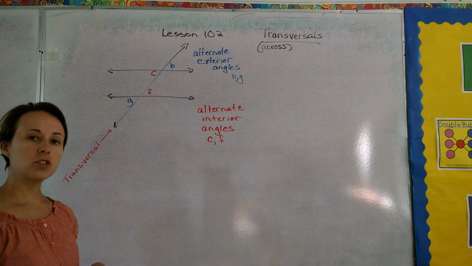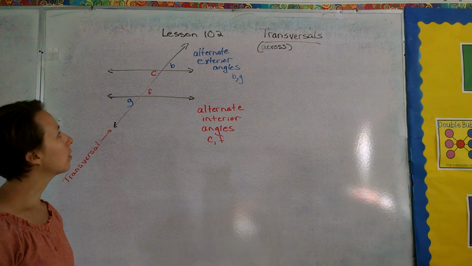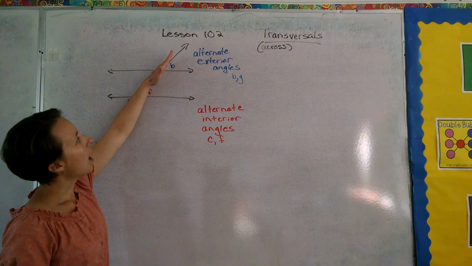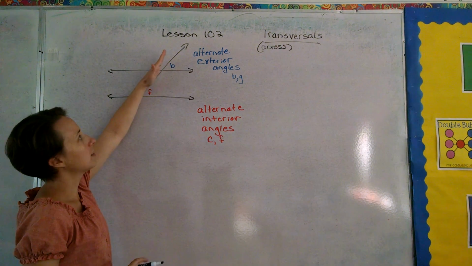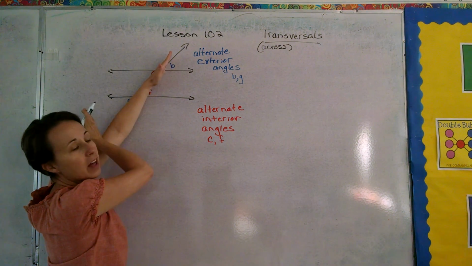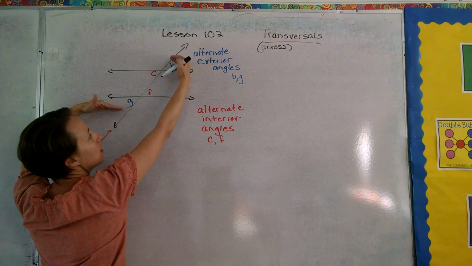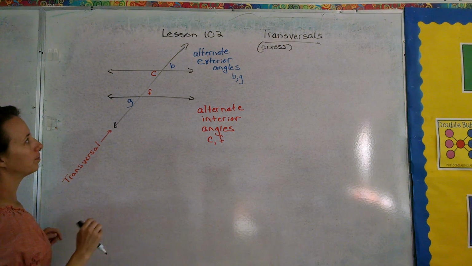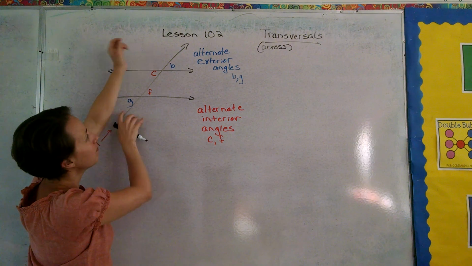Some of the angles in transversals have special names. Let's look at those before we go any further. When we look at the transversal, angles that are on opposite sides are called alternate. So if there's one angle on this side of the line and one angle on that side of the line, they would be alternate. If they're on the exterior of the parallel lines, they're called alternate exterior. So these are on the outside of the parallel lines, which is why they're exterior.